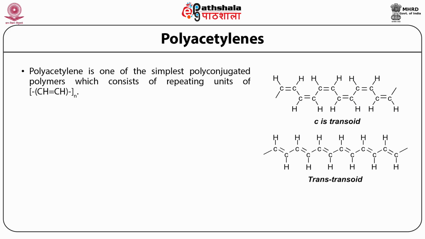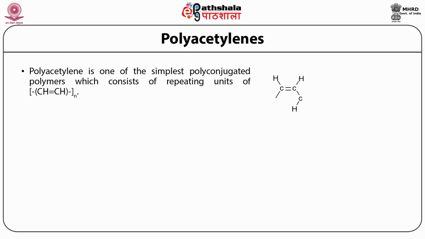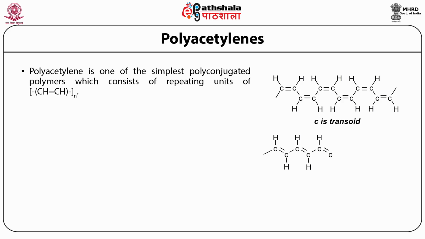Polyacetylene is one of the simplest polyconjugated polymers, which consists of the repeating unit of single bond CH double bond CH single bond.